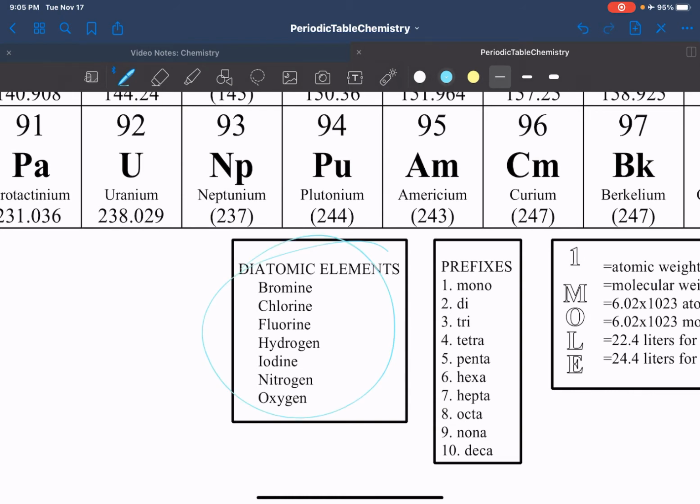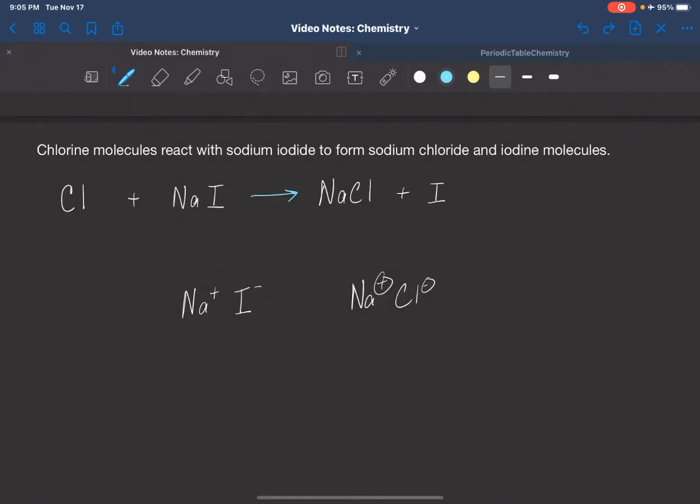What that means is that whenever these particular elements are by themselves, there will always be two, di, of those atoms together. You can see here that chlorine is on that list, and iodine is on that list. So back in our problem, chlorine is on the list, so we have to put a 2 here, and for iodine, we have to put a 2 right there as well. Okay?